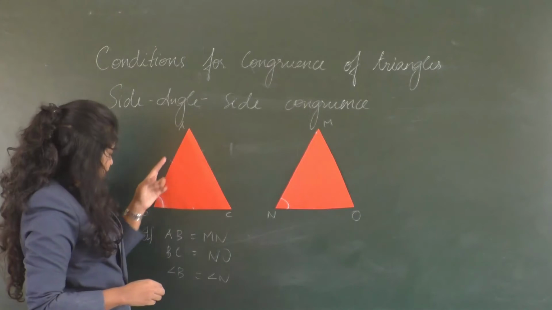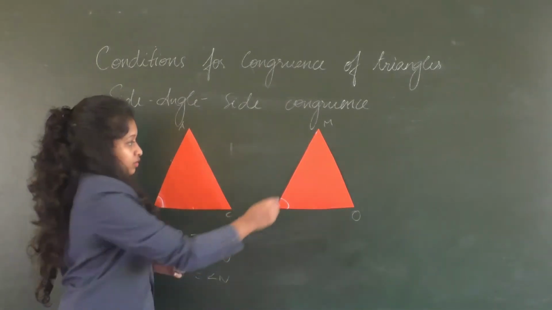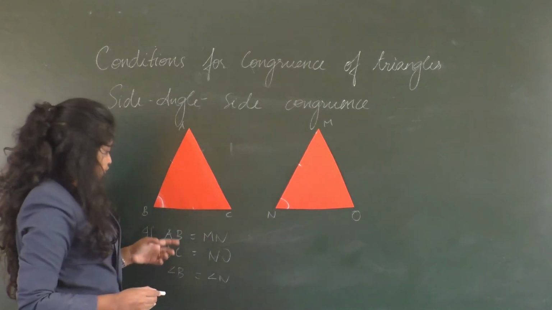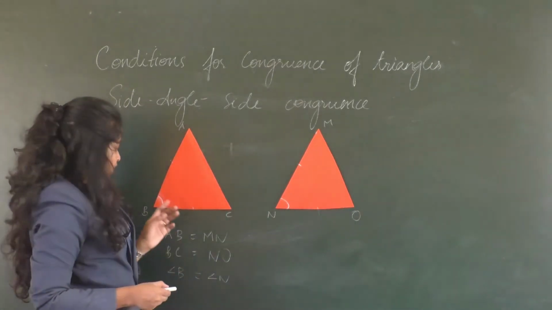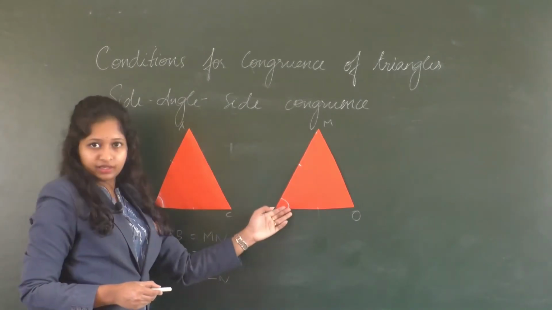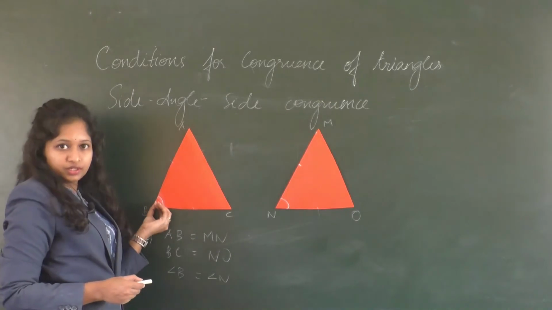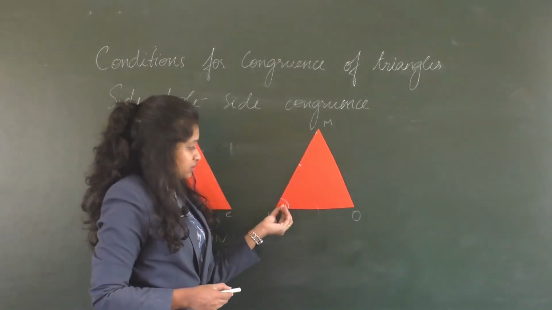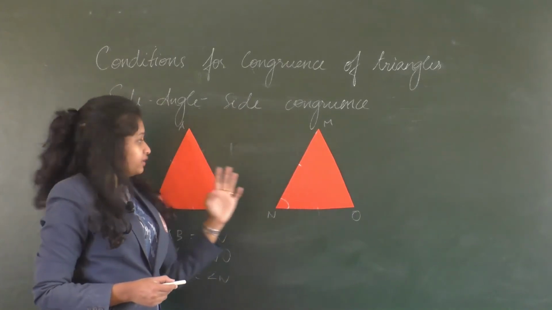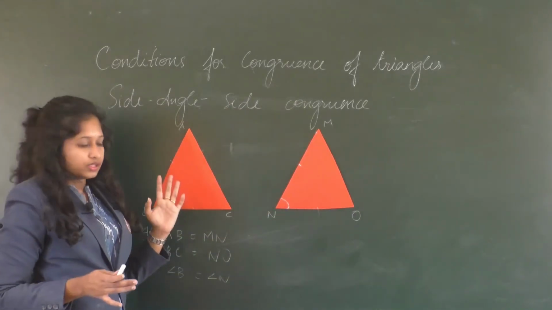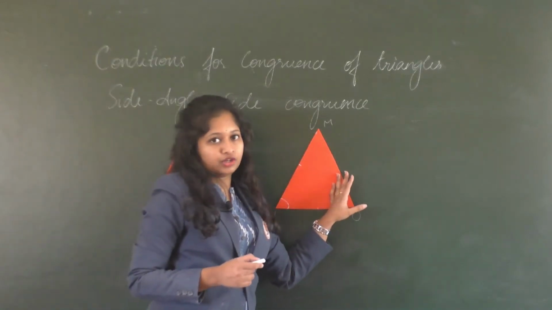That means if AB is equal to MN and if BC is equal to NO and angle B equal to angle N. So for these two sides, this is the included angle. For these two sides, this is the included angle, and these are the corresponding sides and angle. That means we can conclude that triangle ABC is congruent to triangle MNO.